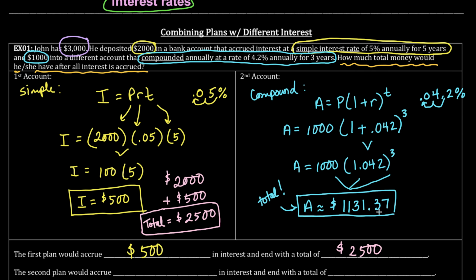So to find our interest, because remember it says the second plan will accrue how much in interest?